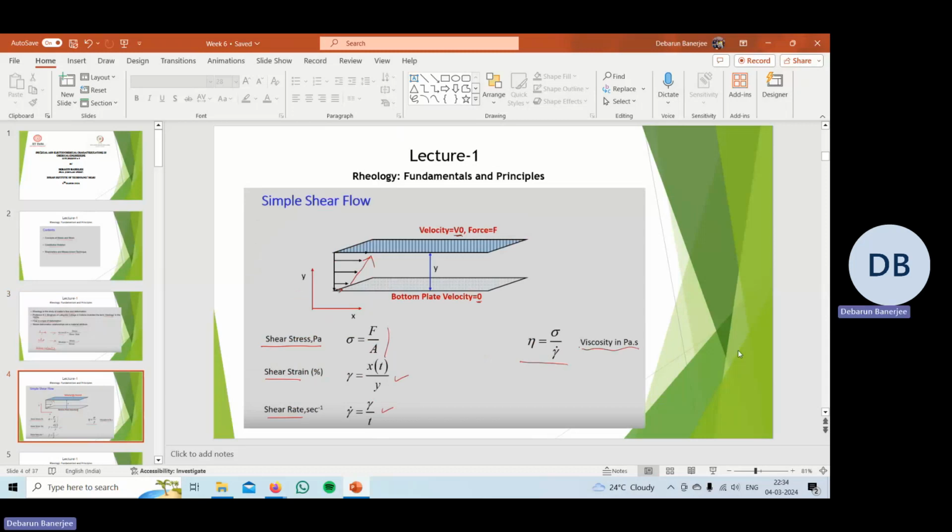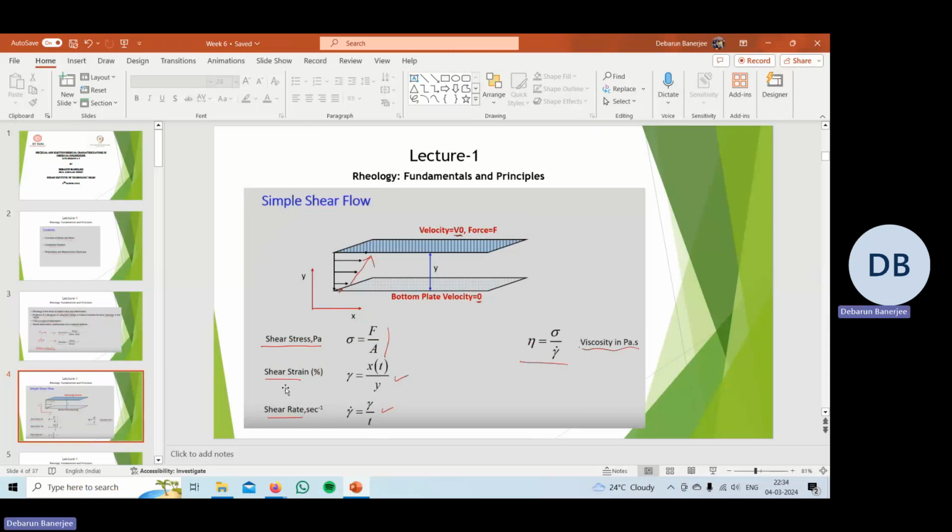So if we take an example of simple shear flow where the bottom plate is stationary and the top plate is moving with a velocity v naught by virtue of a force F, then the shear stress sigma is the ratio of force per unit area.